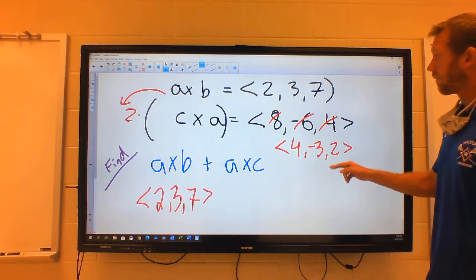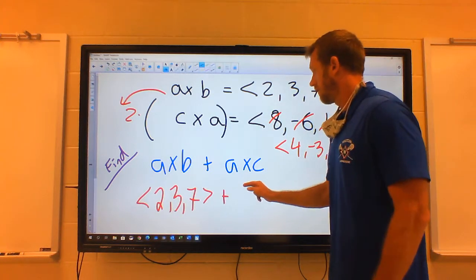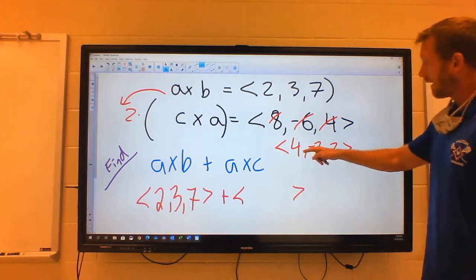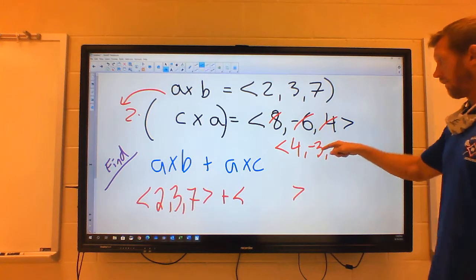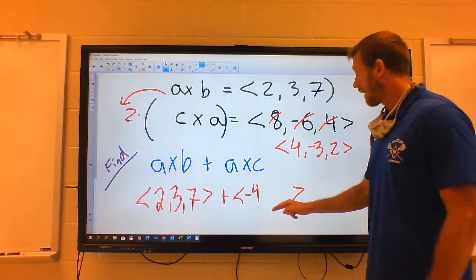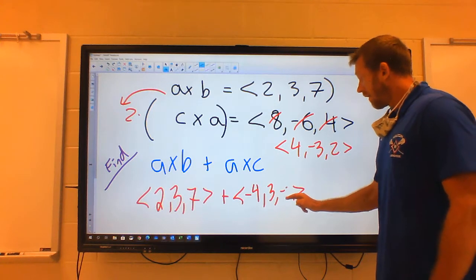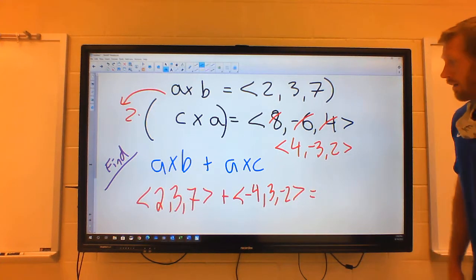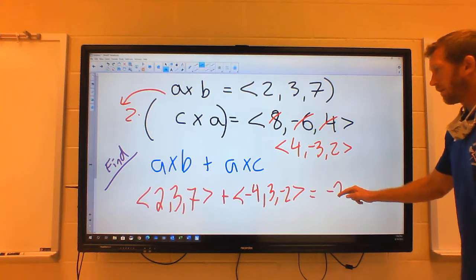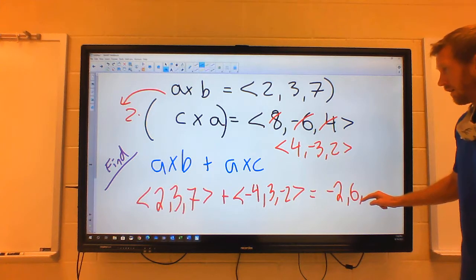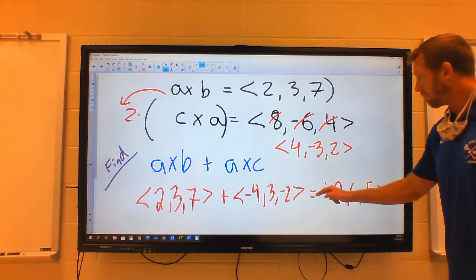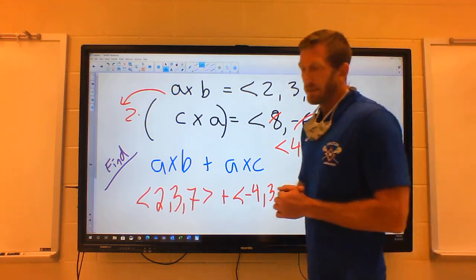I want A cross C. Well, A cross C is the negation of this. So A cross C would be -4, +3, -2. And our final answer then becomes -2, +6, +5. Boom. Okay?